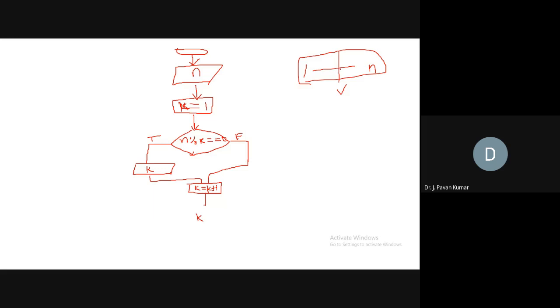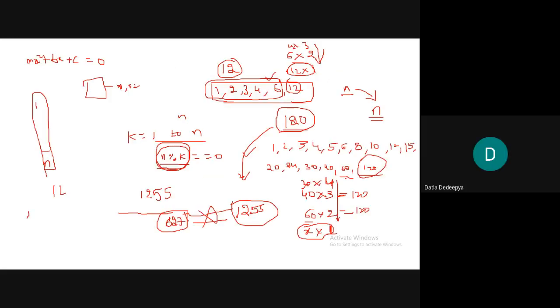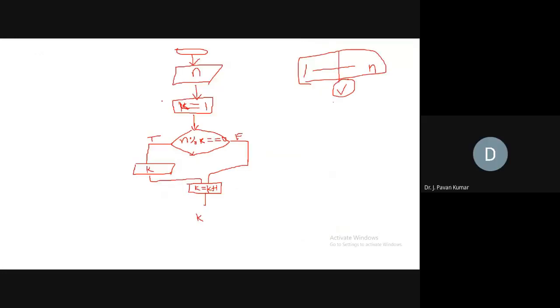We can consider only half. For 12, it means 6; 1200 means 600; 120 means 60. So n means n by 2. So up to n by 2.